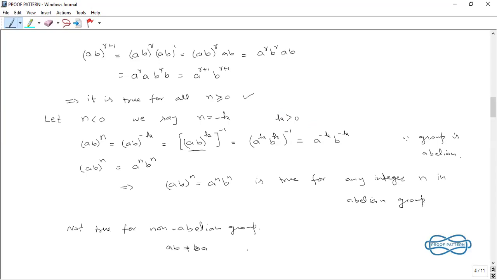So in this way, if we take (ab)^2, we will get abab, and that is not equal to a^2 b^2 in general. So it is not true in non-abelian groups.